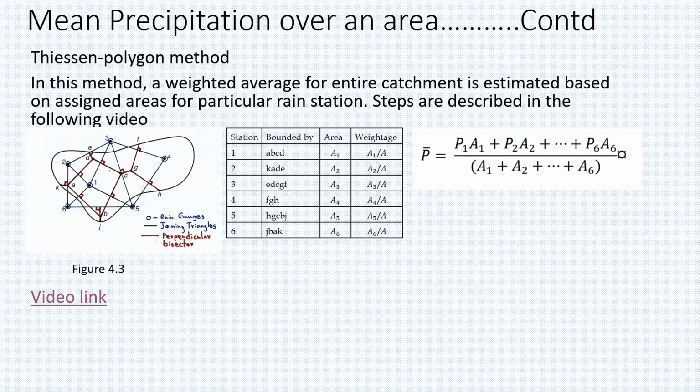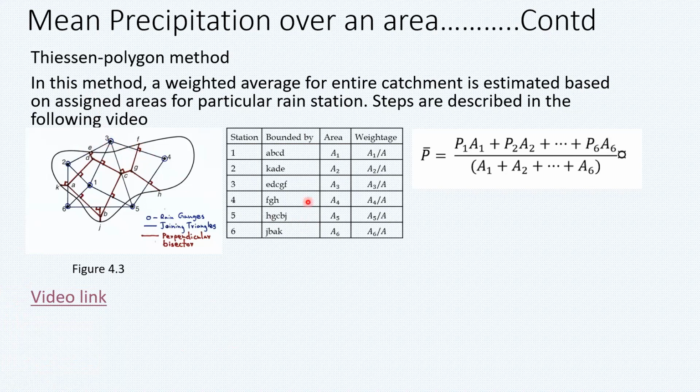So basically, this polygon bounded by the catchment gives you the subjected area for this particular station.